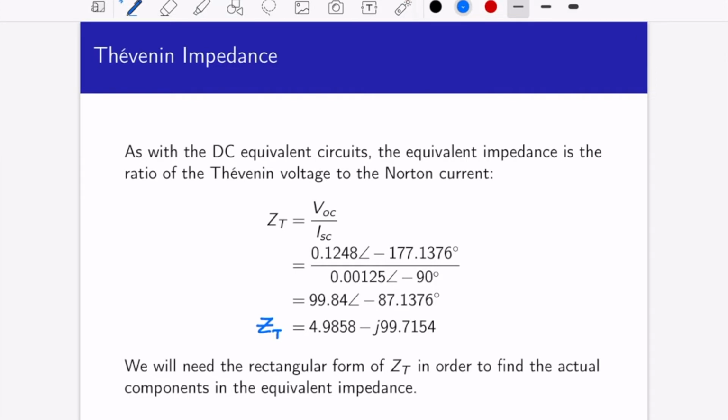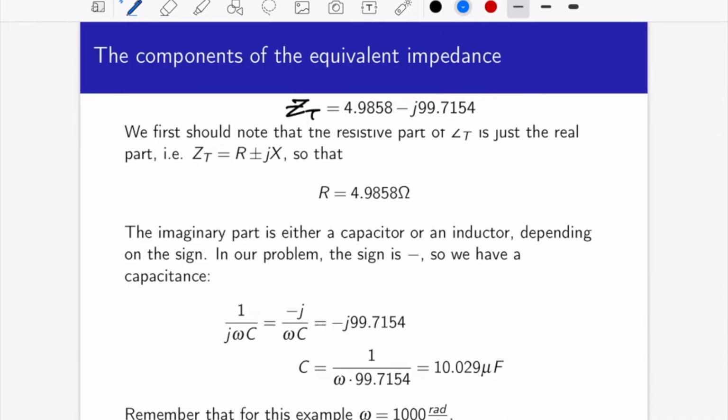But what is that going to be in terms of resistors, capacitors, and inductors? So let's figure that out. So here's our value. ZT is equal to 4.9858 minus j 99.7154. And the units for that is ohms, for those of you who like to keep track of your units. We just need to look and see that the resistance part of ZT is going to be this value right here.